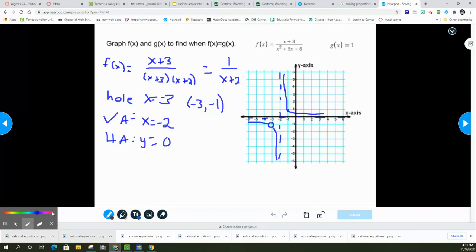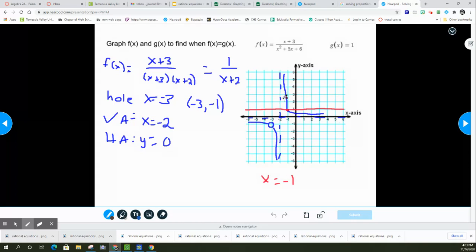If I make my line red for this one, here's g of x. So if I want to solve, the point of intersection is at negative 1. So when does f of x equal g of x? When x equals negative 1. That is the solution here.